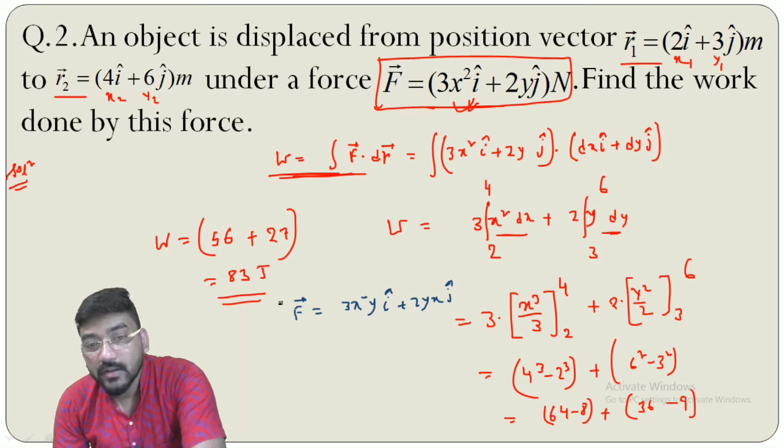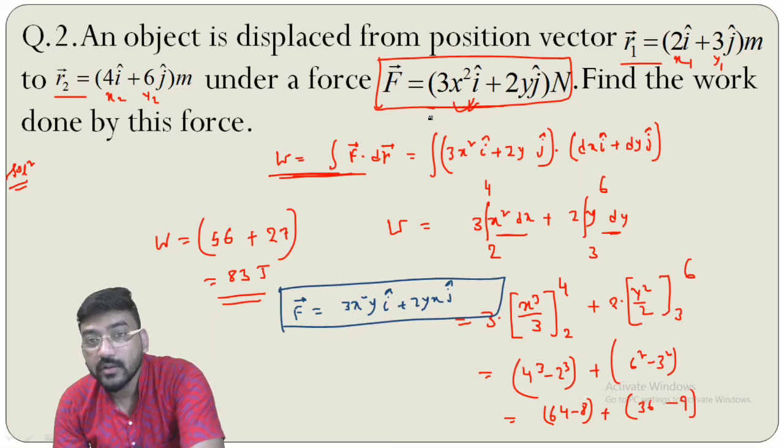But in this situation you cannot solve the integration without knowing the actual path along which the work is done. So in that case they give you the relation between x and y. Suppose they give you y is equal to x square, then you have to put x square instead of y, and instead of dy you have to put dy is equal to 2x dx.